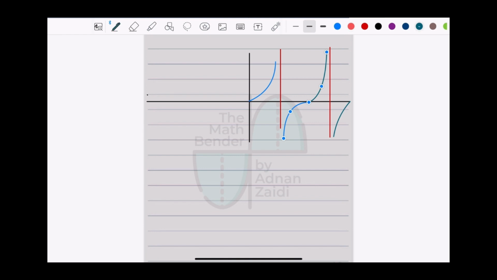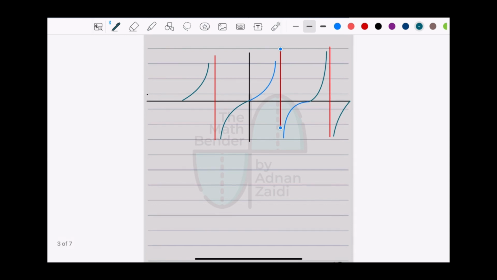Now continuing it further, and so on. As you can see, these red lines are my asymptotes. I'll write 90, negative 90 at the back. This is 270, and this is the tan x function.